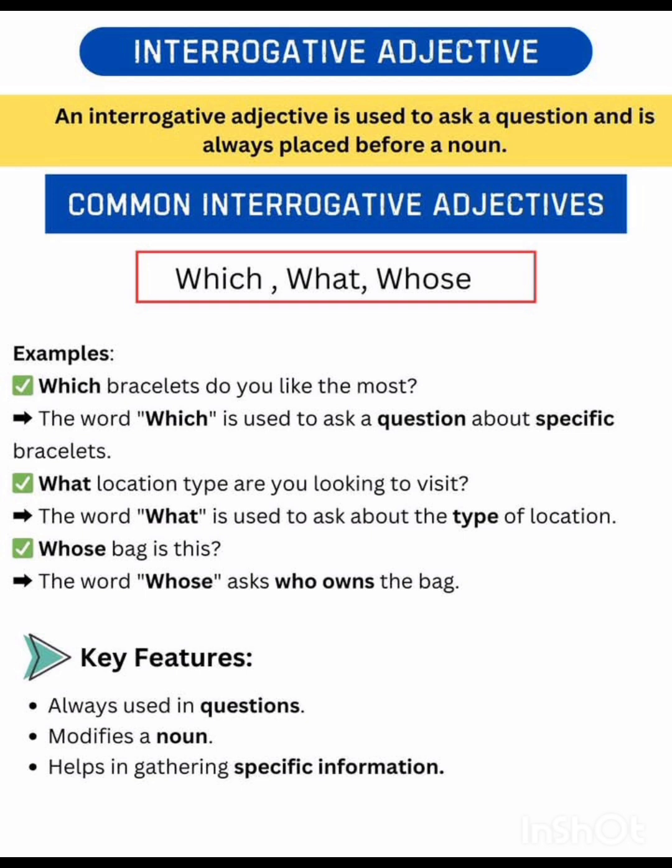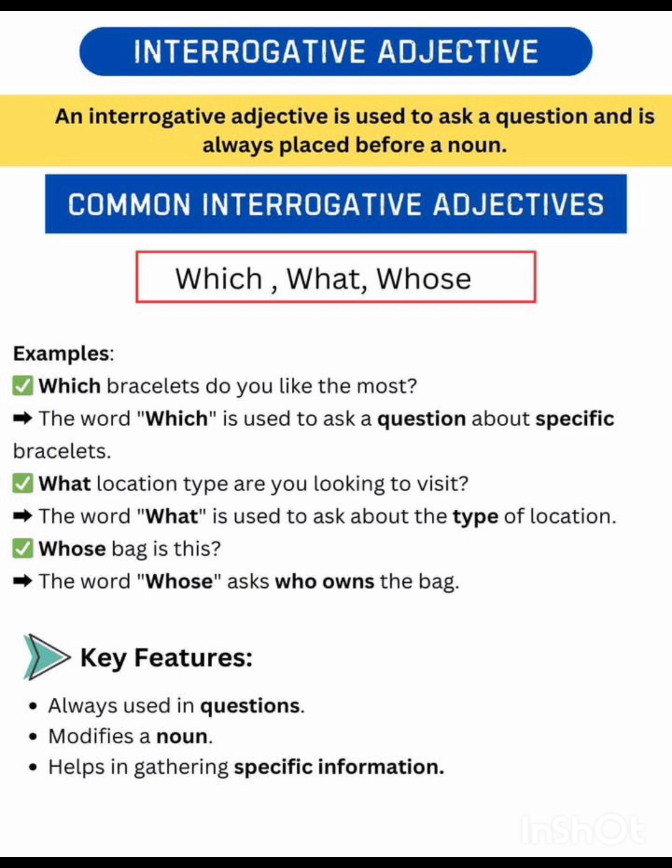Now, if you see the what is giving a location. Whose bag is this, whose is talking about ownership. If you use an interrogative pronoun, you will not have a noun after that. But here in an adjective you will have a noun after the interrogative word.